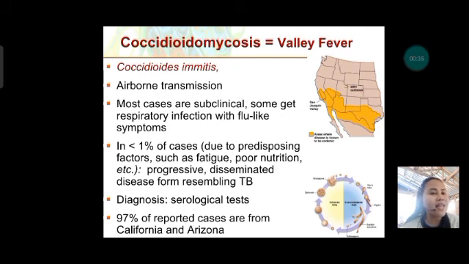In less than 1% of cases, due to predisposing factors such as fatigue, poor nutrition, etc., there is a progressive disseminated disease resembling tuberculosis. The diagnosis is through a serological test, and 97% of reported cases are from California and Arizona.